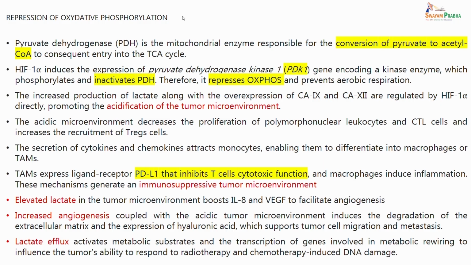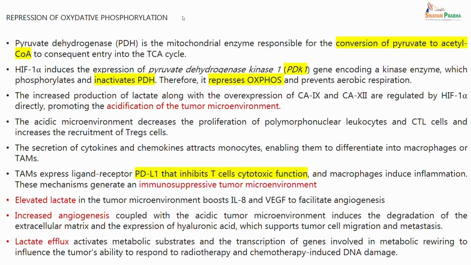This is another enzyme. This gene, which encodes a kinase enzyme, which will phosphorylate and it will inactivate the pyruvate dehydrogenase enzyme. So, therefore, there is no production of acetyl CoA, and therefore this can repress the oxidative phosphorylation, and this in turn prevents the aerobic respiration.